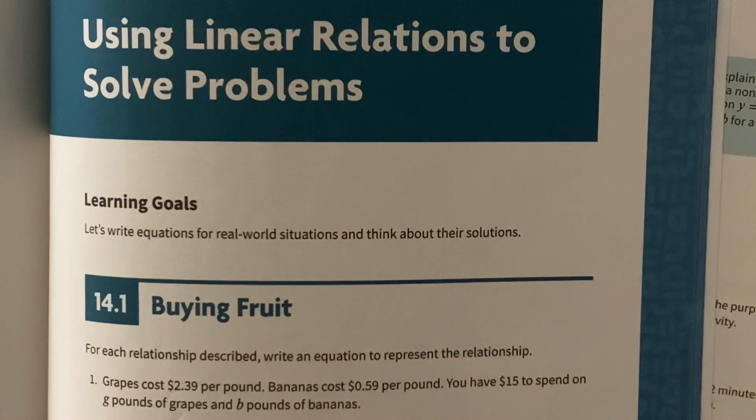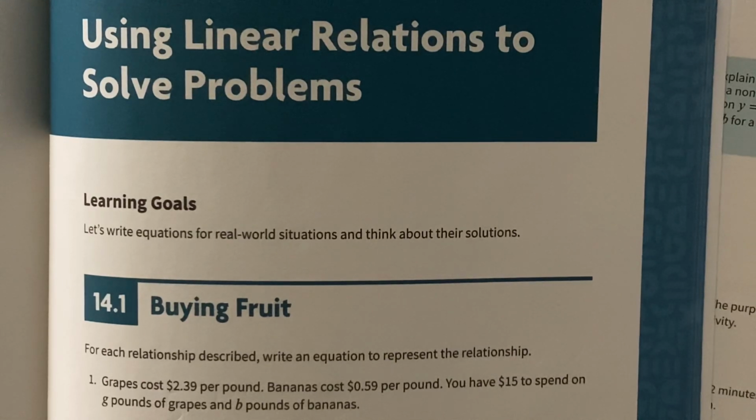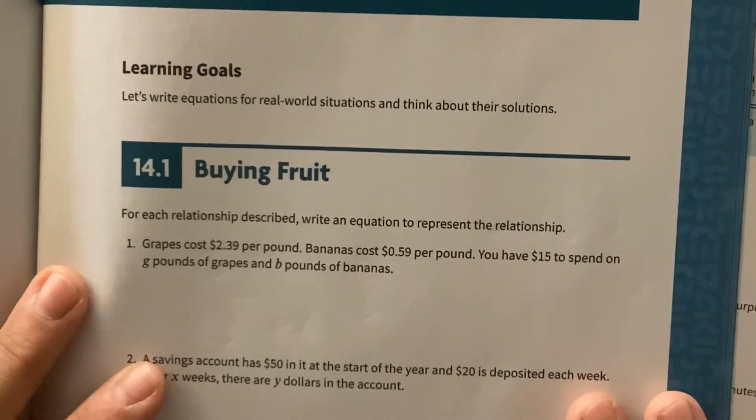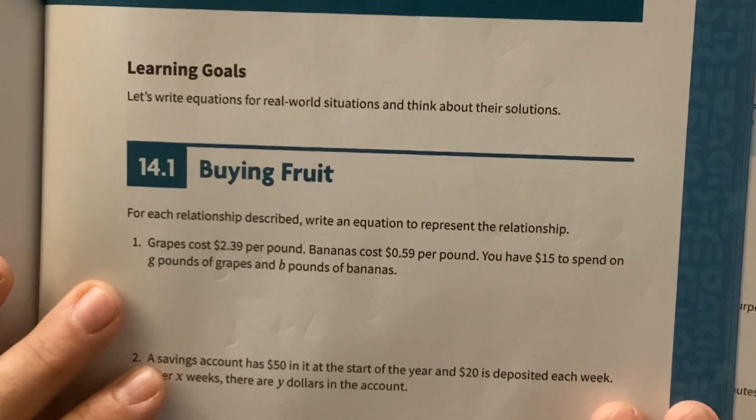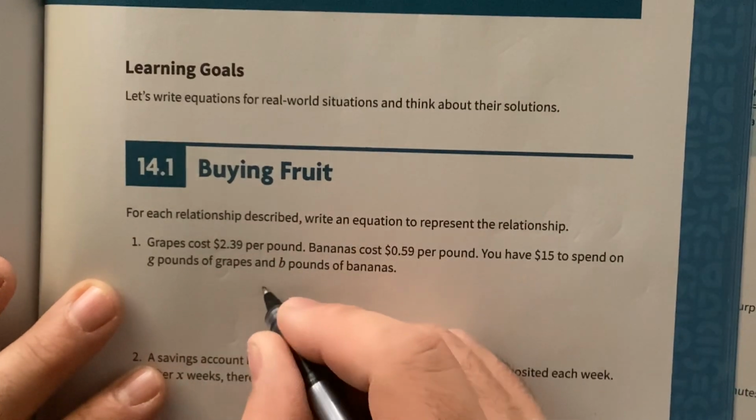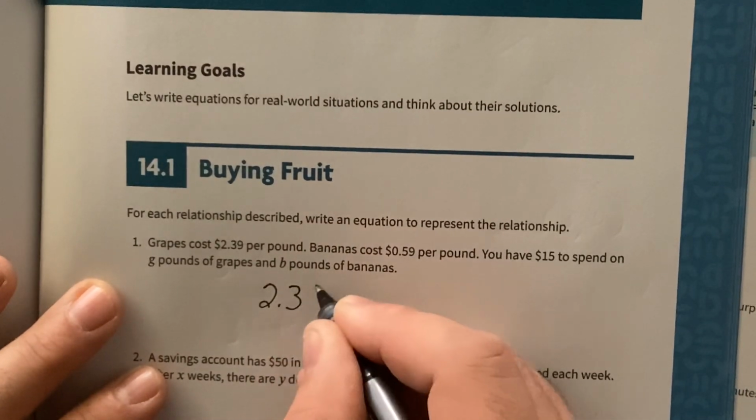Okay, so you have $15 to spend and you want to split it between grapes and bananas at the grocery store, and it says the cost of that. Now things have gone up since then, so these prices aren't as accurate as they once were. But how do I show that as a relationship? Well, grapes are $2.39 a pound, so it's $2.39 per pound of grapes.